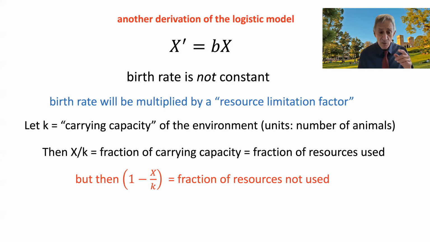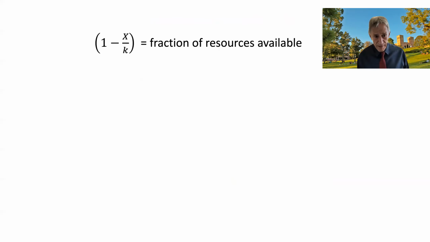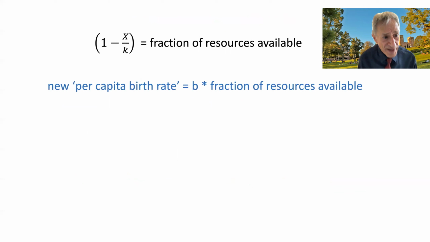It follows that 1 minus X over K is the fraction of resources that are not currently being used. But if that's true, then 1 minus X over K, the fraction of resources not currently being used, is equal to the fraction of resources available. So the fraction of resources that are available is 1 minus X over K. There is our new modified per capita birth rate.